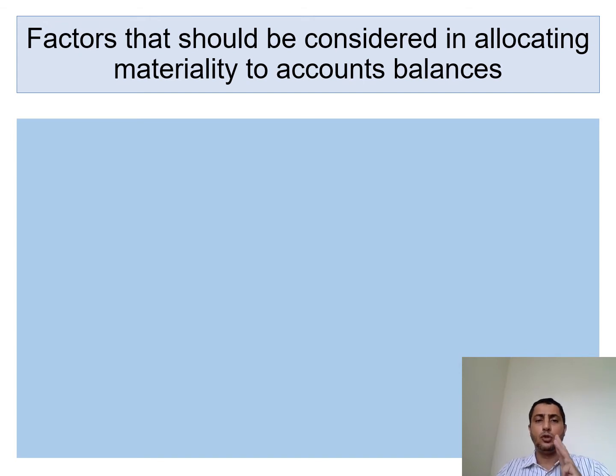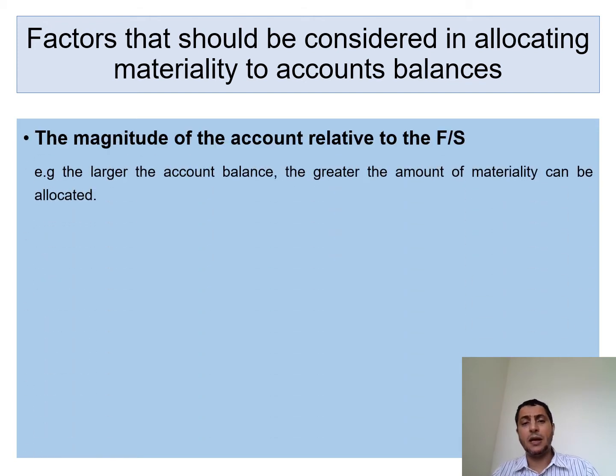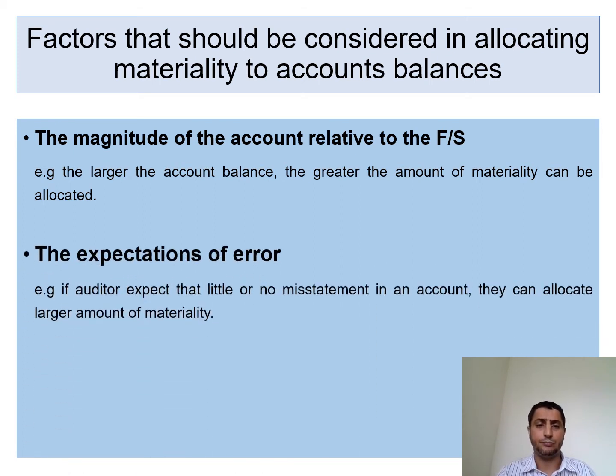Three factors should be considered in allocating the materiality to the account balances, or in setting up the tolerable misstatement. The first one is the magnitude of the account relative to the financial statement. So the larger the account balance, the greater the amount of materiality can be allocated. The second is the expectation of errors. The more errors expected, the less materiality or tolerable misstatement we should consider for that account.